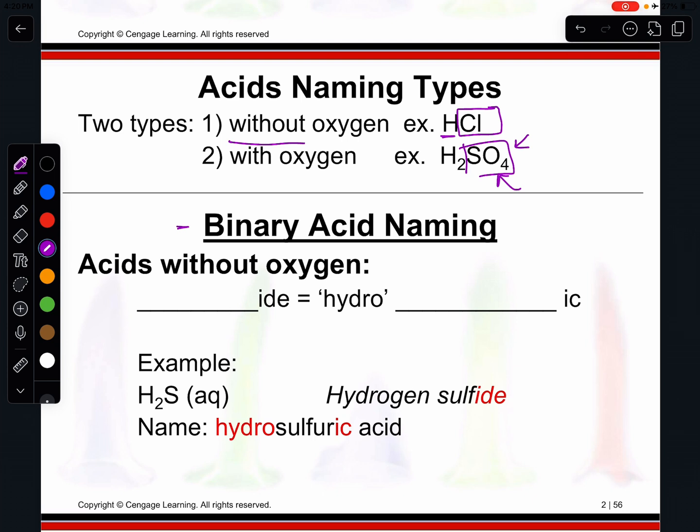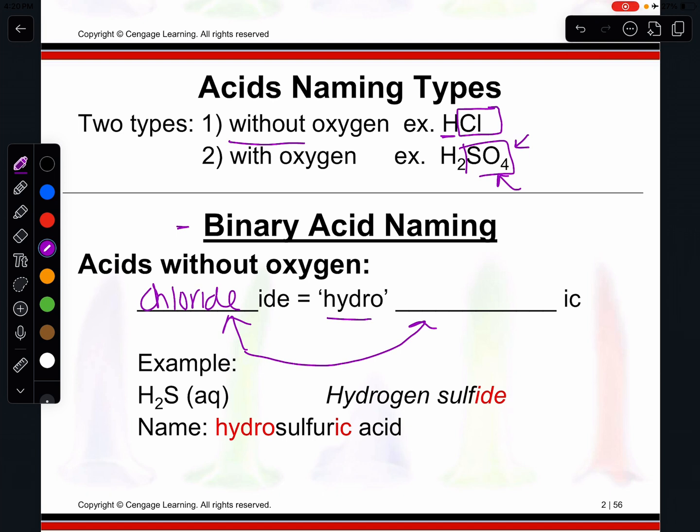So an acid without an oxygen has a name in the ide form. For example, chloride: HCl really becomes hydro, and then the same root word.